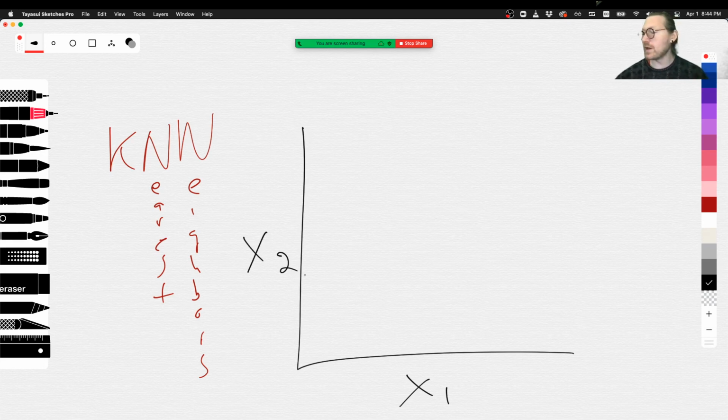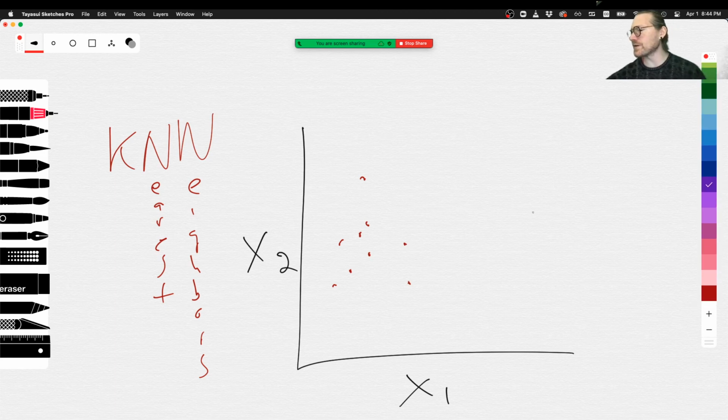That's more accurate. So in this data that we're going to be using, we've got three classes. There are three different types of irises, and let's think about this in terms of three different colors, and maybe I'll make these a little bigger, just to make them a little easier to discern.